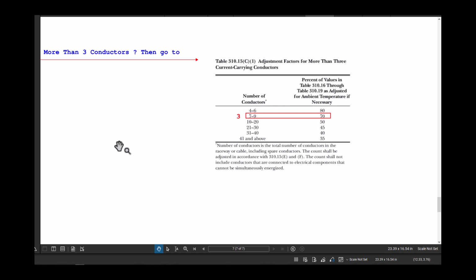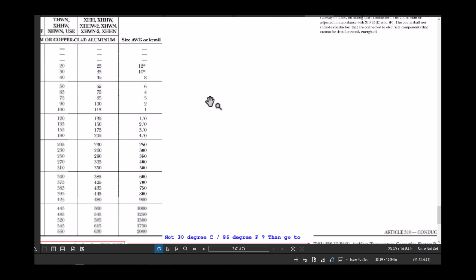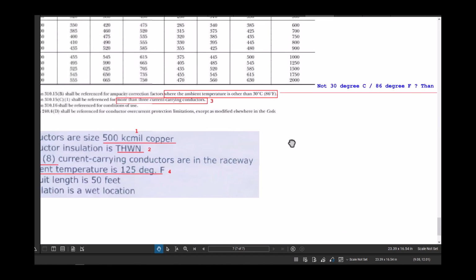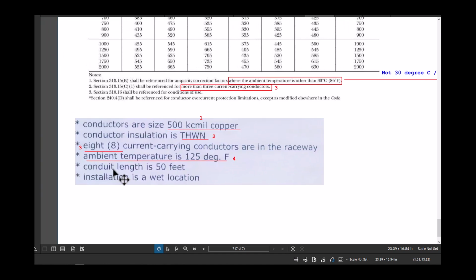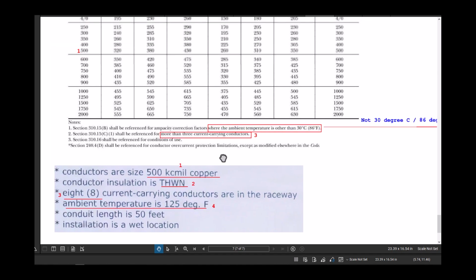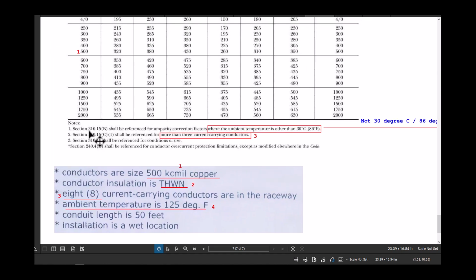Okay. Let's go to the other part of the question. It says the ambient temperature is 125 degrees Fahrenheit. This table says when the ambient temperature is other than 30 degrees Celsius, 86 Fahrenheit, we should go to another table. That means this table is just for 30 degrees Celsius, 86 Fahrenheit.